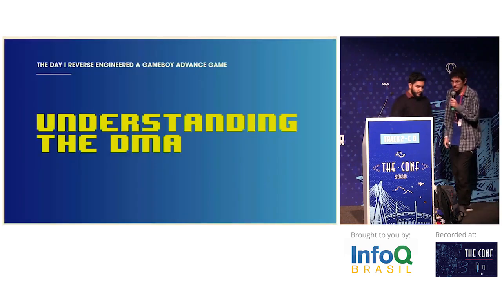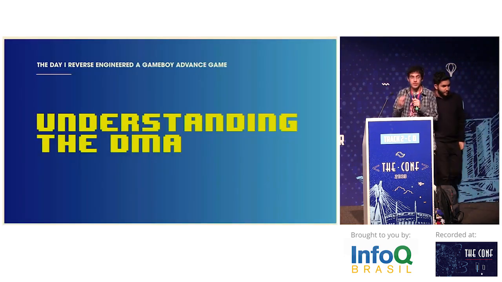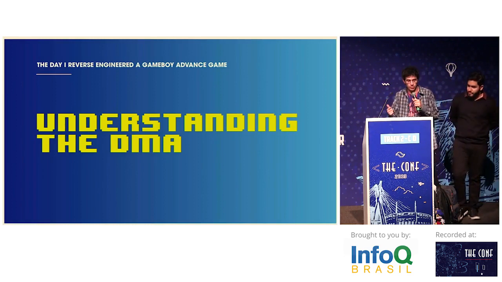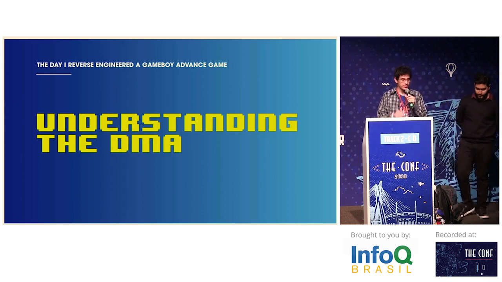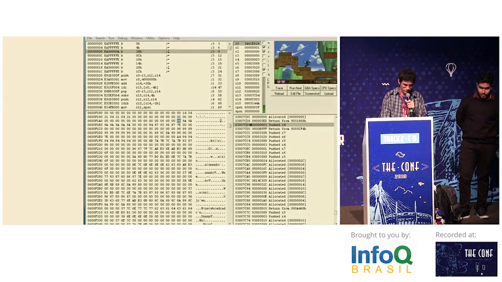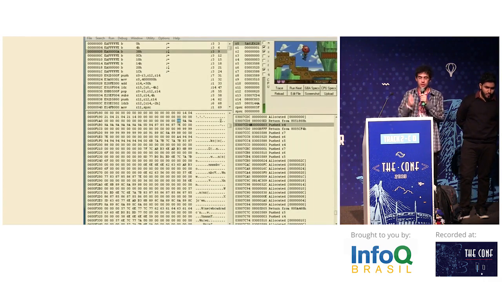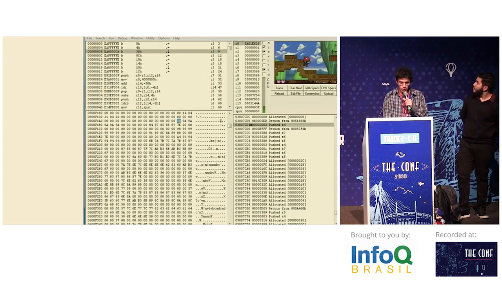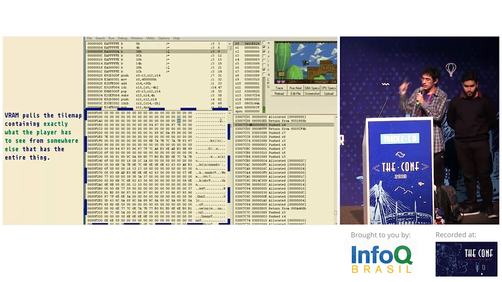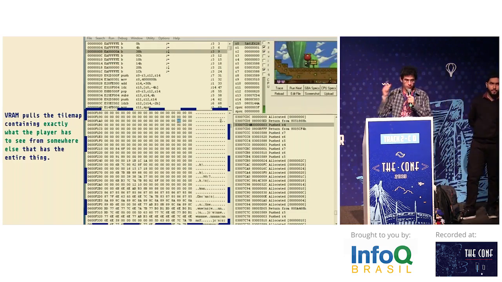Yes, Matthias, these behaviors make sense. And in order to understand why it makes sense, you need to understand an important concept about Gameboy Advance, the DMA. Moving Klonoa to another place of the level, we can see that the entire tile map changes on video RAM.